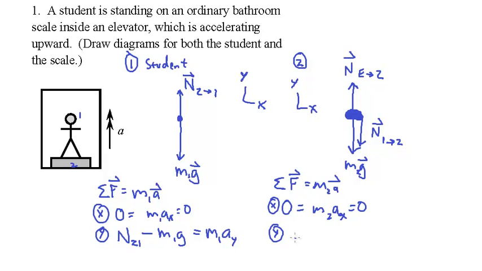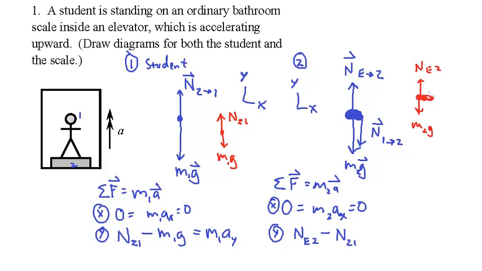Then for the scale, sum of forces is m2a, of course. We have no horizontal forces, so the x direction is m2ax, and that's 0. And then in the y direction, we have the normal force from the elevator on 2 going up, minus the normal force that 1 exerts on 2. The magnitude of this, remember, is the same as this one, so I'm just going to write n21 there.